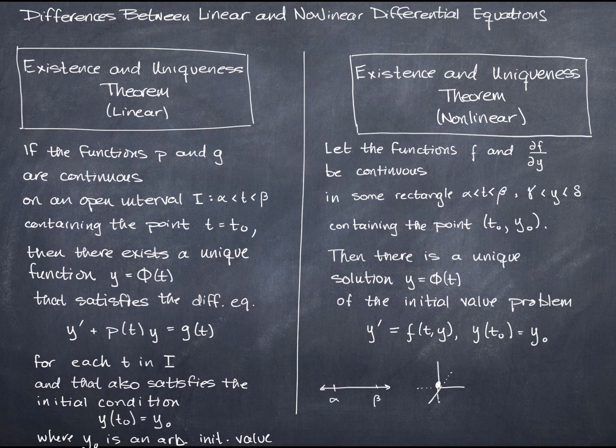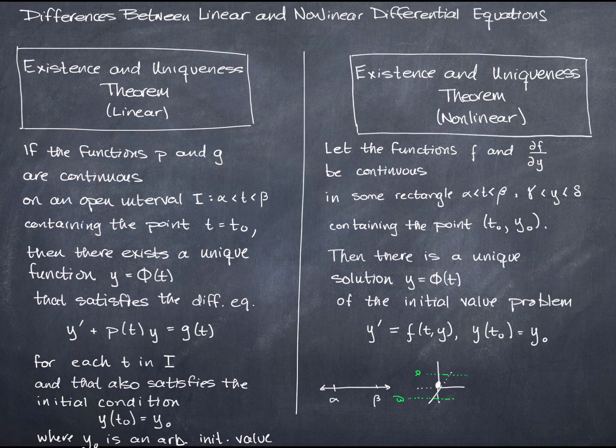So when I talk about a rectangle, what I mean is some open interval on the xy plane that goes from, sorry, not x, not xy, ty. The t goes from alpha to beta.